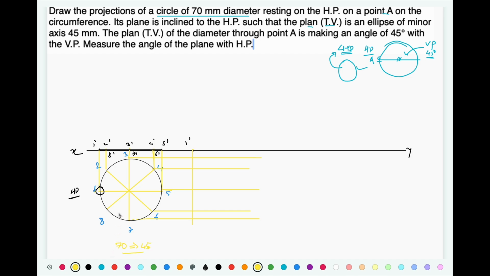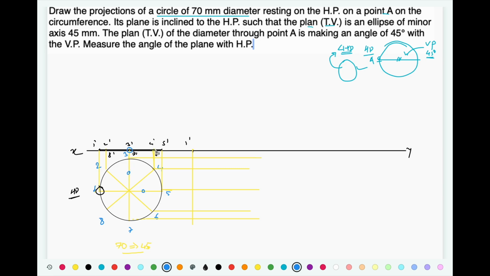Now if you look at the sketch, there are two diameters that we can consider. This is the first diameter 1.5 and this is the second diameter 3.7. So this 3.7 in the front view is going to appear at the middle.